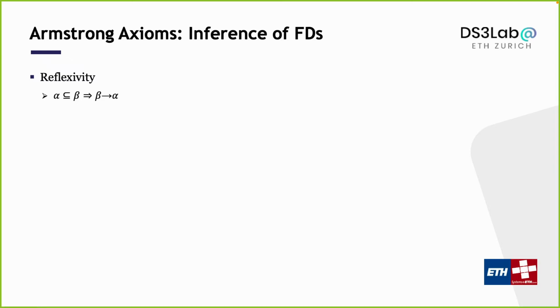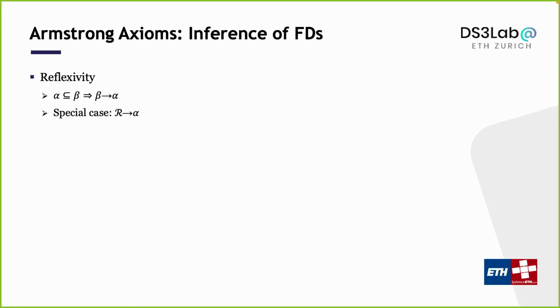Sorry, the whole set decides the subset. If I know the value of this larger collection of attributes, that uniquely decides the value of this smaller subset of attributes. So this is the first inference rule in the Armstrong axiom inference system.